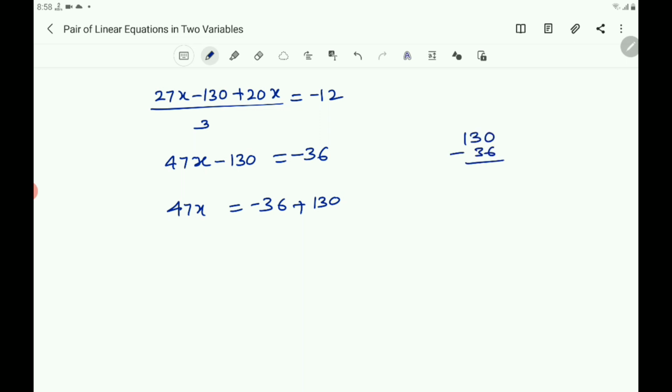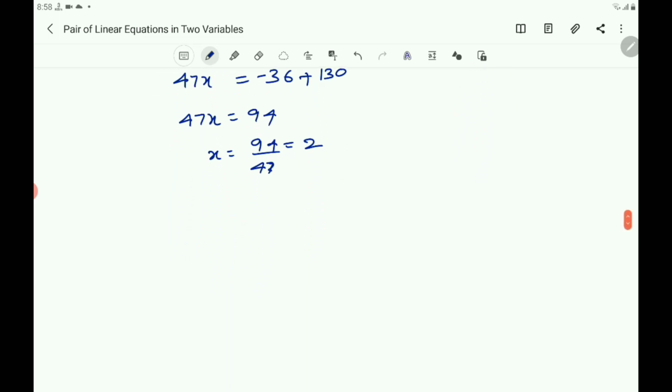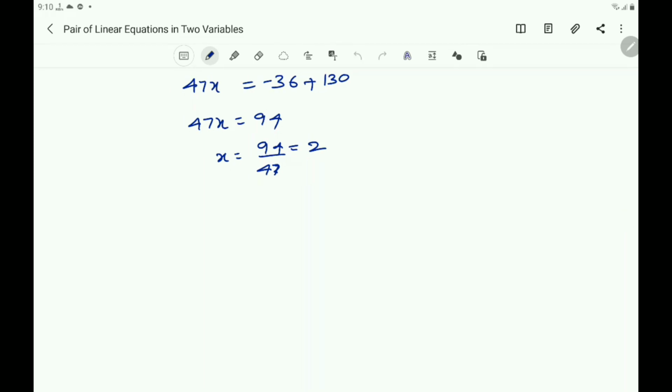That is 94. So you got 47x equals 94, and x equals 94 by 47, that is 2. You got x equals 2.